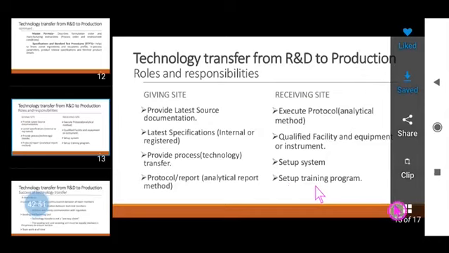Then set up training program. This training program must also be there for training of the personnel, operators, supervisors, etc. With this kind of preparations only, the manufacturing with the new technology will be successful.